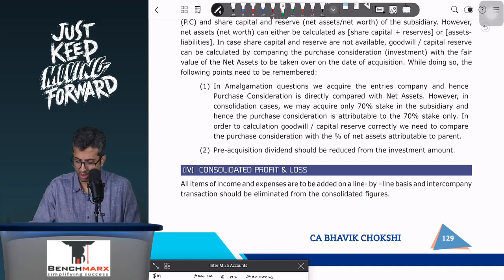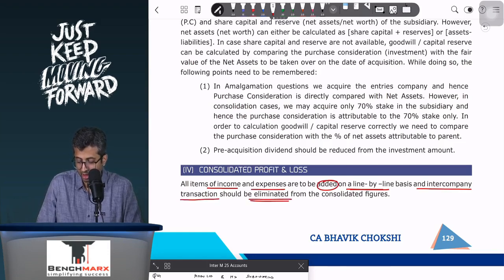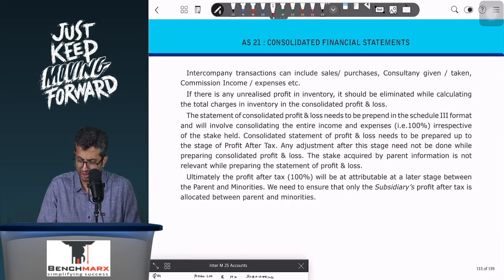So when you look at the consolidated profit and loss account, all incomes and expenses are to be added on a line by line basis, and intercompany transactions should be eliminated from the consolidated figures. Intercompany transactions include sales or purchase, consultancy given or taken, commission income or commission expense, as the case may be.